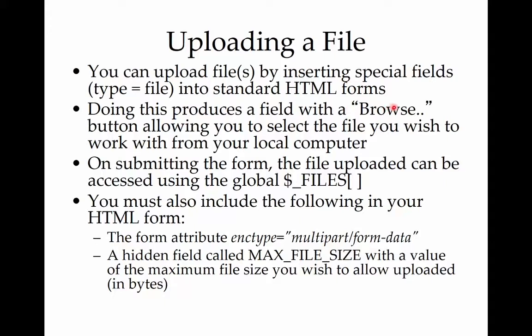You've all seen that before. And once we've got that browse button, we can upload pictures to the server. When we submit the form, the files will be uploaded. They will be accessed then from our PHP code through the $_FILES global.